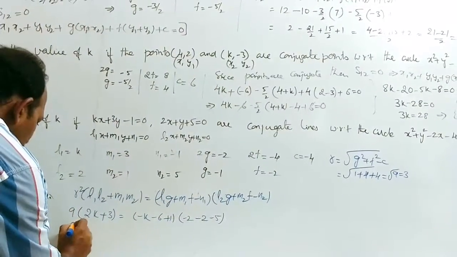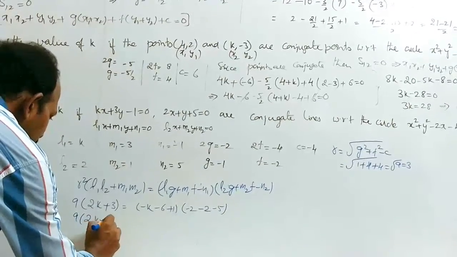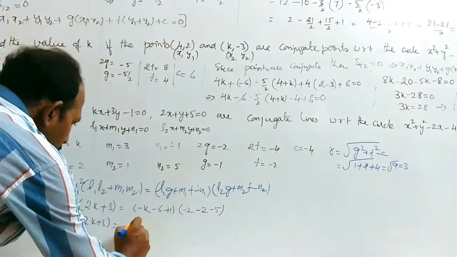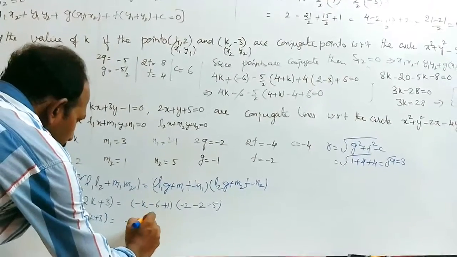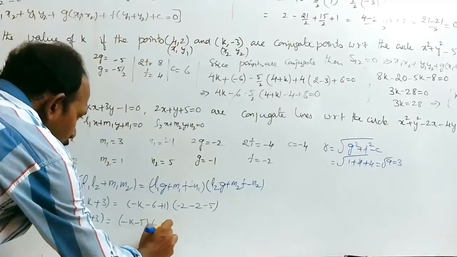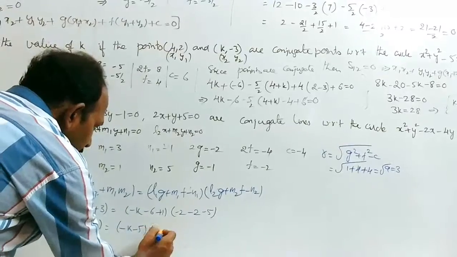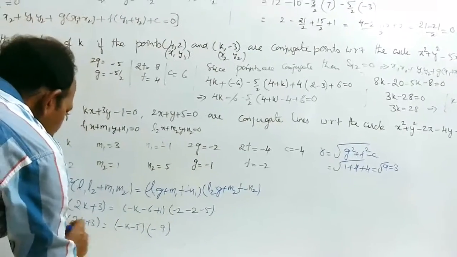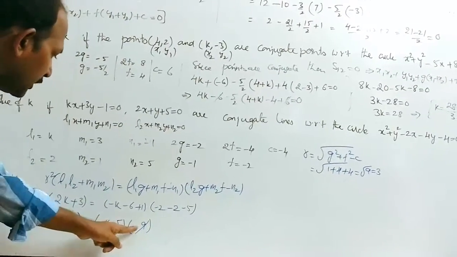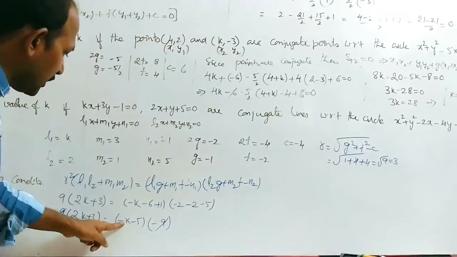Therefore 9 into 2k plus 3 is equal to minus k minus 5 into again 5 2 7, 7 plus 2, 9 minus 9. Here 9 and 9 get cancelled, therefore plus 5 plus k plus 5.